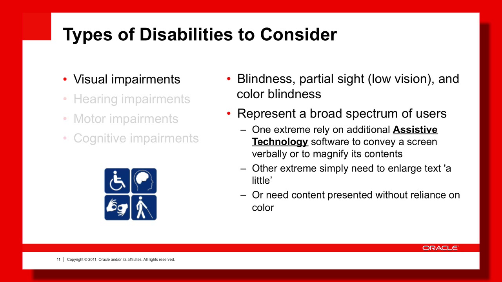Now, I don't have any videos or audio I can share with you, but if you go onto YouTube, you can find a couple of videos of JAWS, one of the more common screen reader software, and you can actually listen to it reading a website to the blind person. And from my perspective, it's really a lot of work. It takes a long time for the application to work its way through describing the web pages. And even a simple page like the Google page, whew, it's a bit of work there.